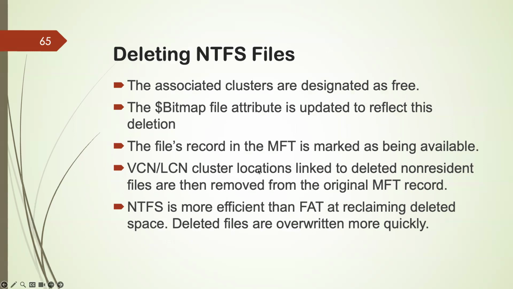All right. So the last thing in NTFS is what happens when we delete a file. The mechanism is the same as FAT. When we delete the file, the MFT entry of that particular file is marked deleted.